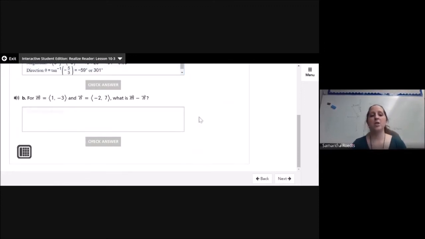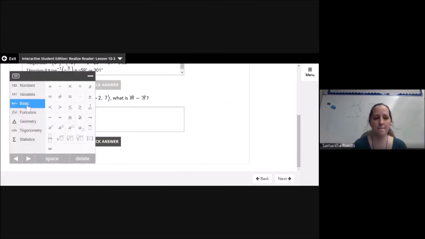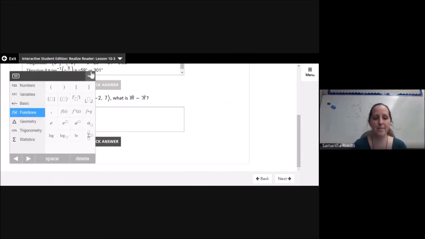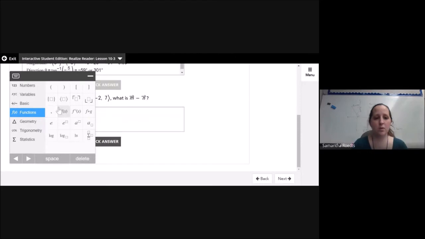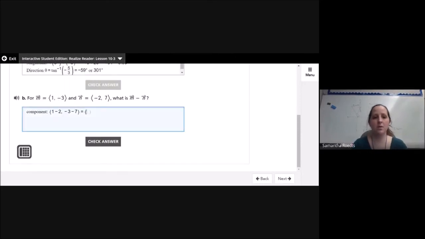For b, the vector m equals 1, negative 3, and vector n is negative 2, 7. So I get components of 1 minus negative 2, negative 3 minus 7.